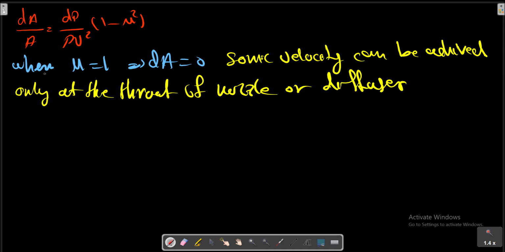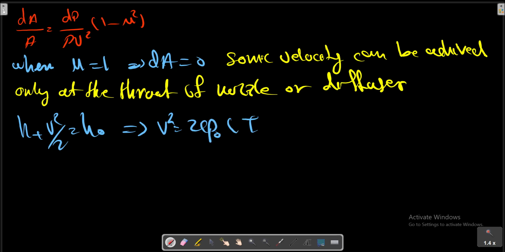The equation available from the first law says that for the stagnation point, h0 equals h plus V2 on 2, Cp0 (T0 minus T) for an ideal gas.